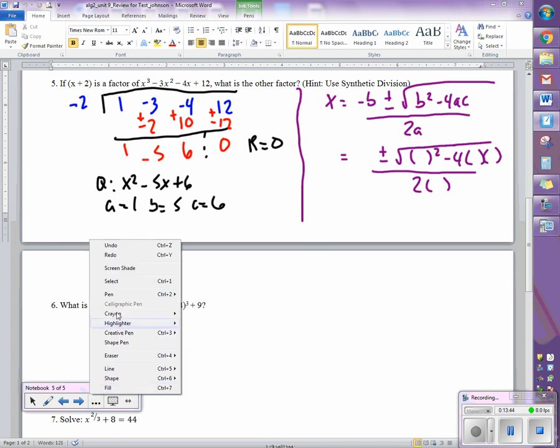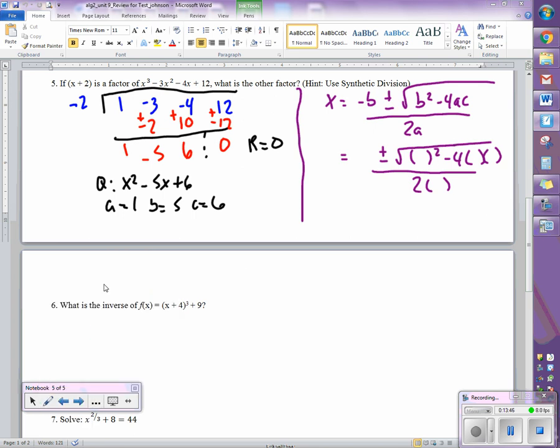All right, so opposite of b is 5. Then put everything else in place.